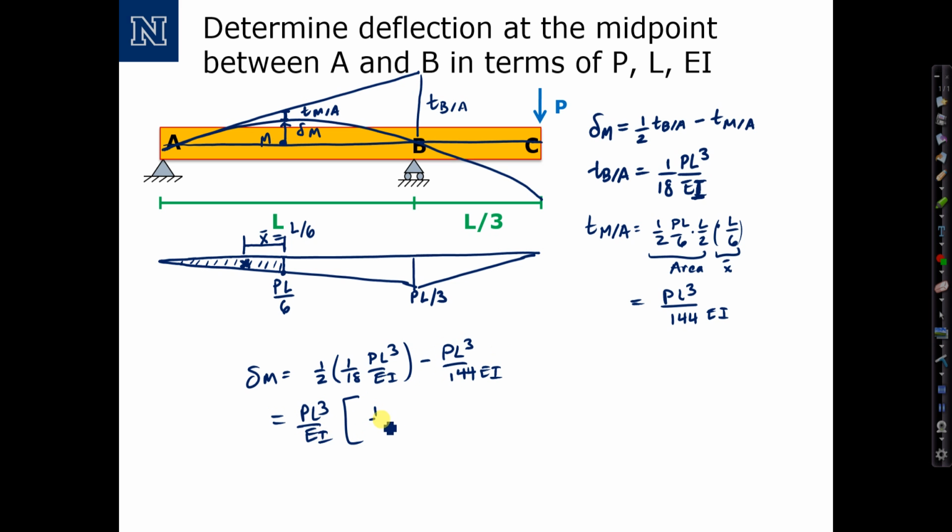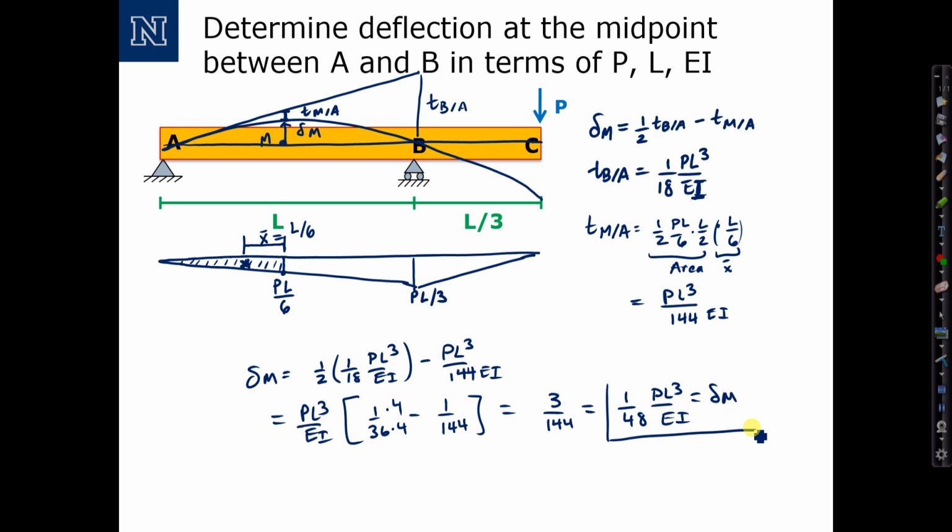I have 1/36 minus 1 over 144. The least common multiple here is 144. 36 goes into it 4 times. We'll multiply by 4 over 4. Therefore, we have 3 over 144, which reduces to 1 over 48 and PL cubed over EI. And that is our peak deflection.